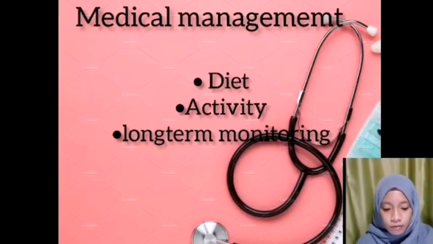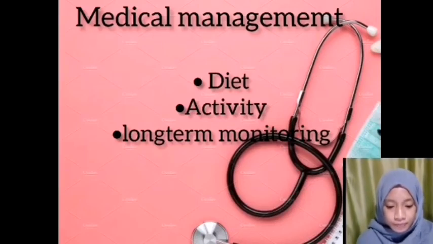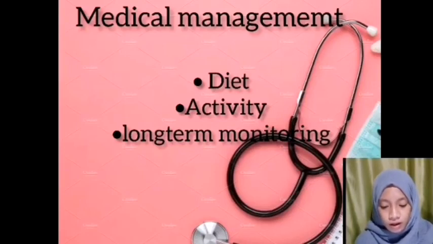Protein restriction for patients with azotemia should be advised if there is no evidence of malnutrition. Activity. Bed rest is recommended until signs of glomerular inflammation and circulatory congestion subside, as prolonged inactivity is of no benefit in the patient's recovery process. Long-term monitoring.